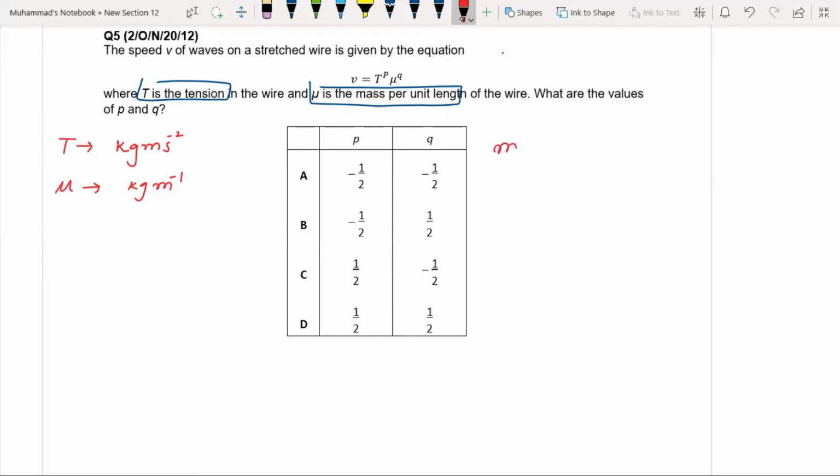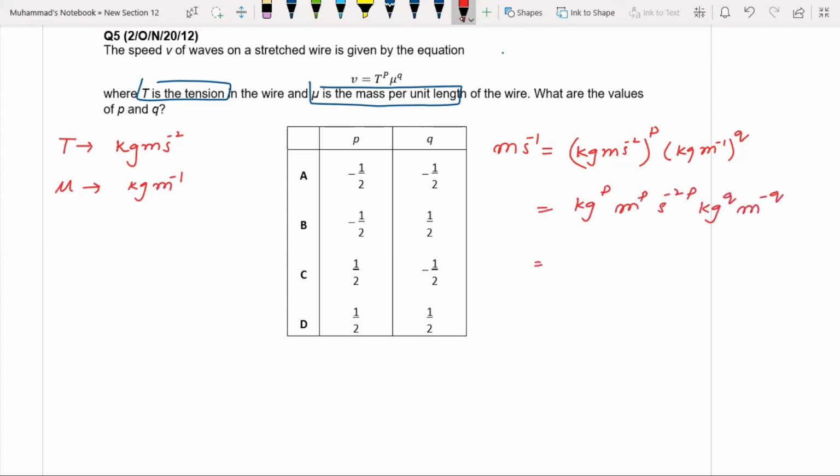On the left hand side, you have meter per second, and on the right hand side, kg m s minus 2 times power p, and mu is kg per meter power q. Okay, so just simplify this: kg power p m power p s power minus 2p kg q m minus q.